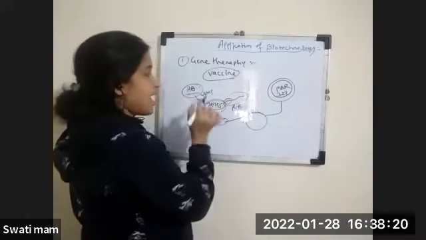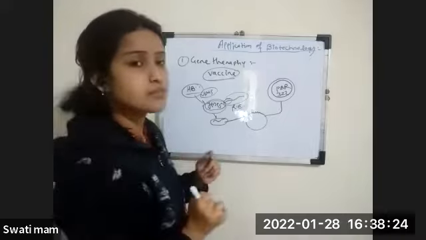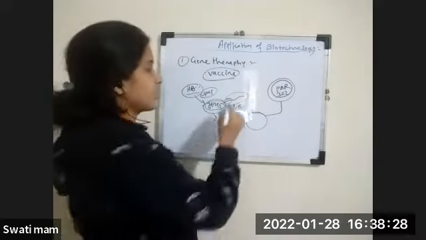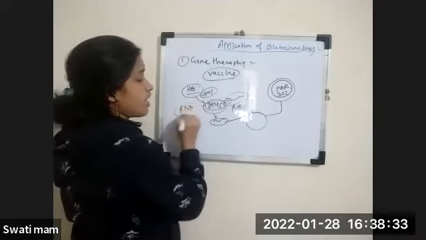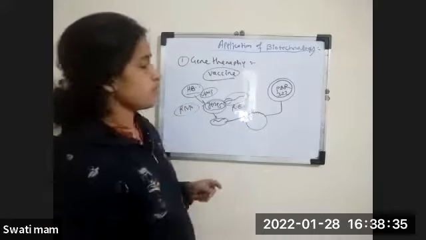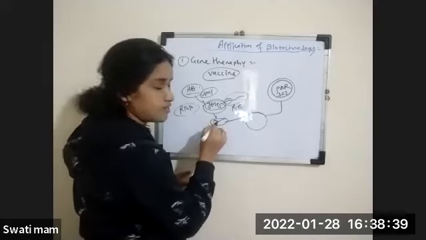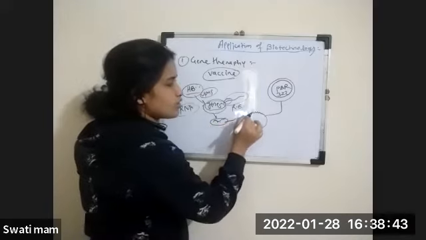As it is a virus, the genetic material present in the virus is always RNA, not DNA. So we are taking this small fragment of the virus, that is RNA, and it is inserted into this vector.